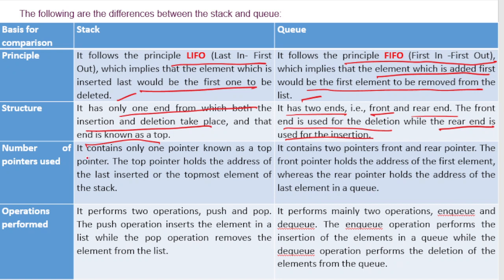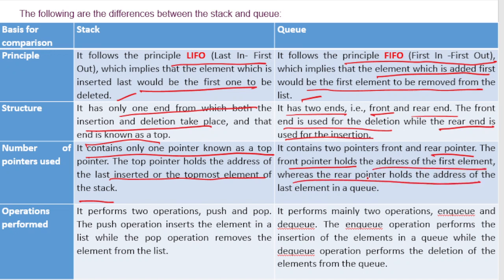Number of pointers used: the stack contains only one pointer, known as top. The top pointer holds the address of the last inserted or topmost element of the stack. In a queue, it contains two pointers, front and rear. The front pointer holds the address of the first element, whereas the rear pointer holds the address of the last element in the queue. We already saw it in the figure. For operations, the stack performs two operations, push and pop.